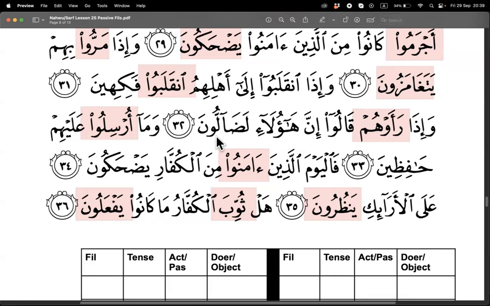Marfu bil waw. Yes. And then what do we say? Not your default sign. Marfu bil waw niyabatan anil dhammi. Dhamma, good. Yes, correct. And then waw jama'ah is dhamir muttasil, this is ism.